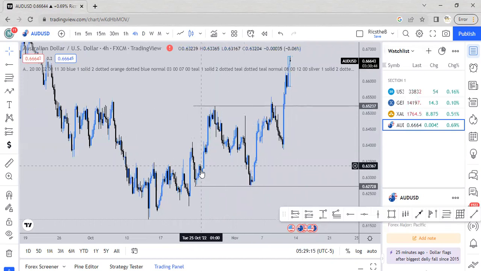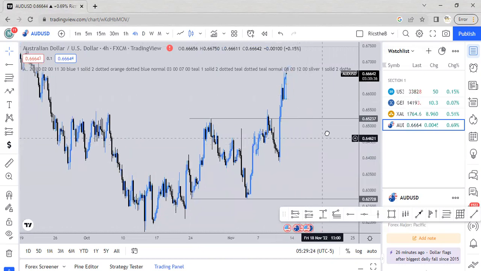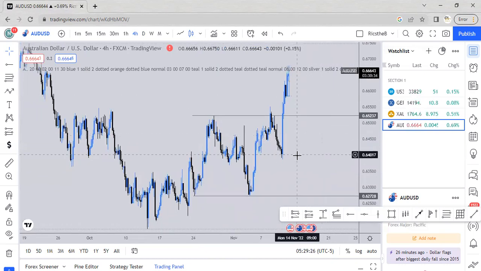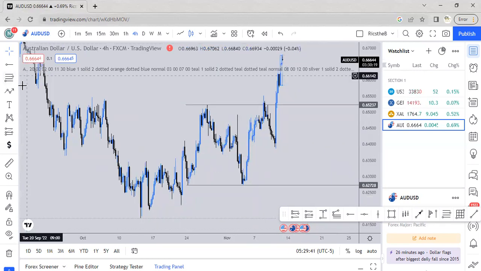Maybe someone looked at this point here and said, oh, we've broken structure, and started looking for short positions. And you can see the market kept on pushing up. Why? Because we had not yet broken our swing point. This is why it's really important to first identify the swing points, because once you've identified them, it's easier to qualify a break of structure.